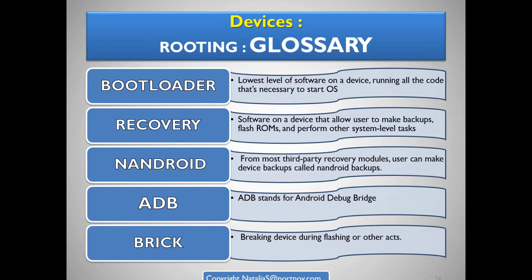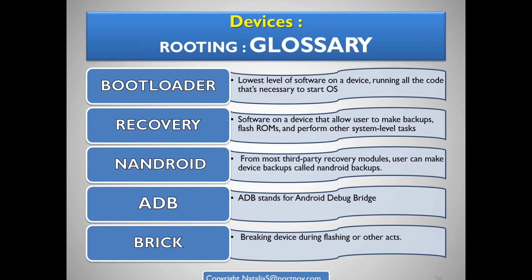Then we have the bootloader, and the bootloader is the lowest level of software on your phone, running all the code that is necessary to start your operating system. For those familiar with Windows, it's like a BIOS.